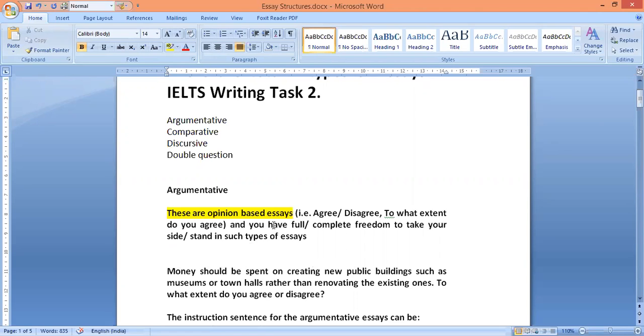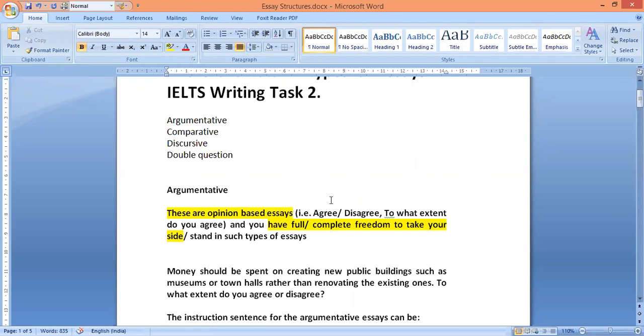But this falls into the category of opinion based. The key feature is you have full freedom to take your side, whatever side you want to take. If the question is about something, you can completely agree with that, you can completely disagree with that, or you can partially agree with that. This is the key feature, how to identify an argumentative essay.